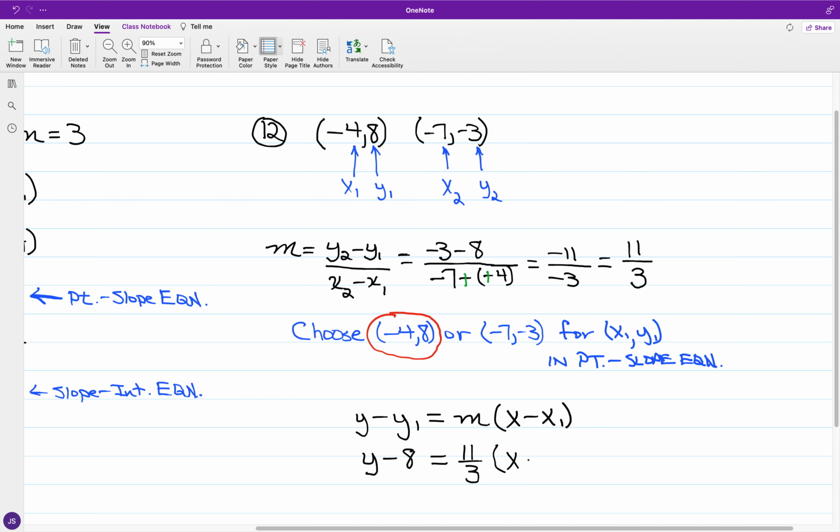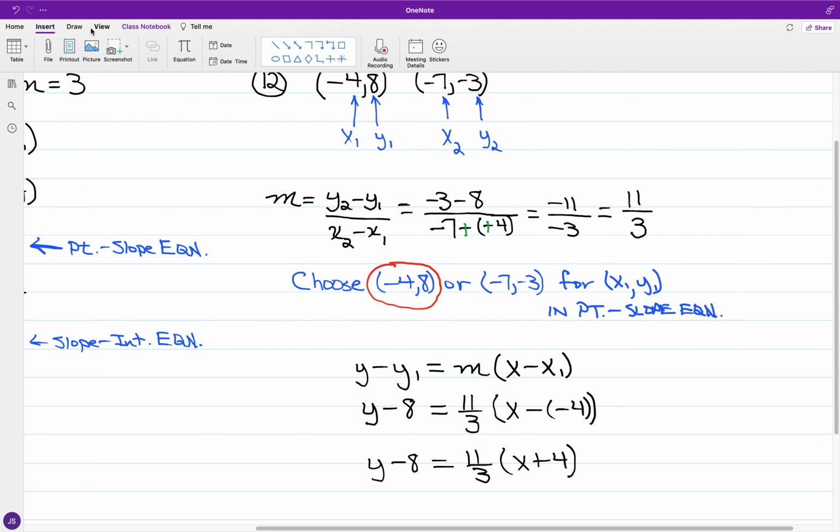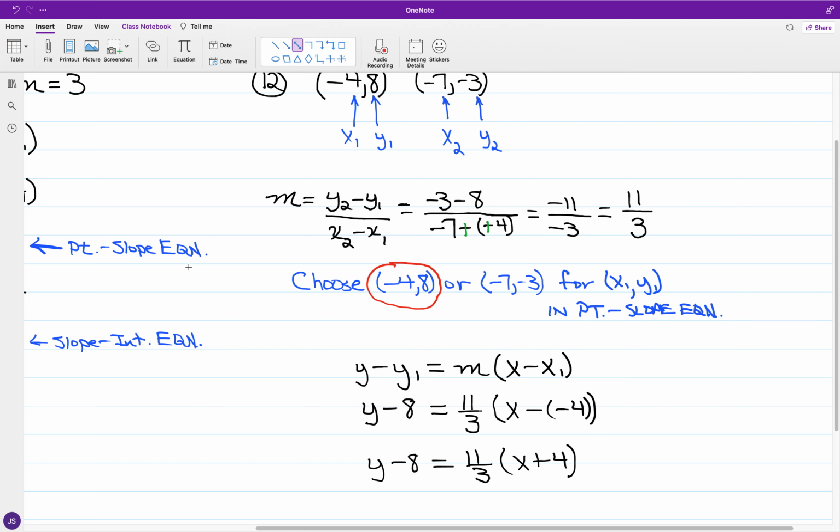For x minus x of 1, we have x minus negative 4, and undoing the double negative, y minus 8 is equal to 11/3 times the quantity of x plus 4. That is the point-slope equation.